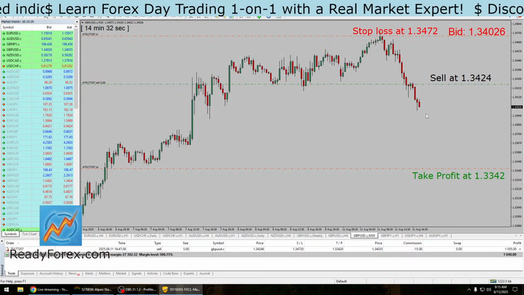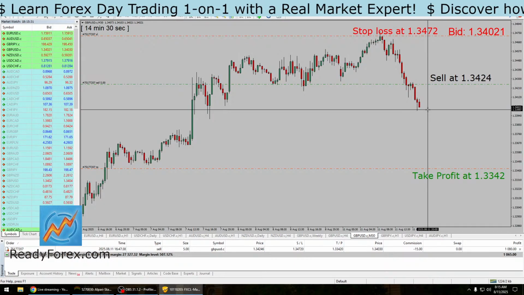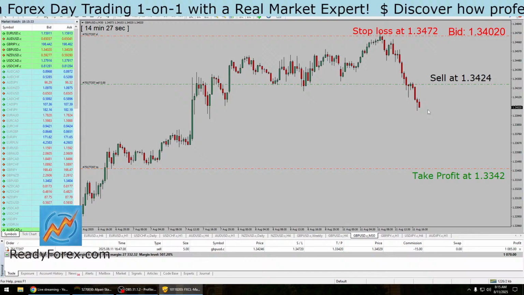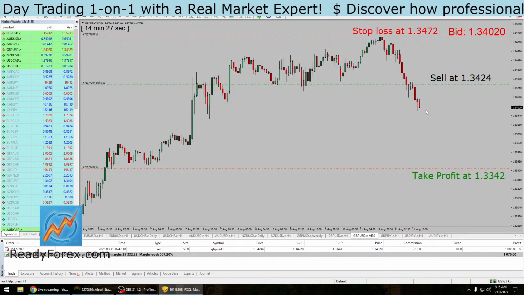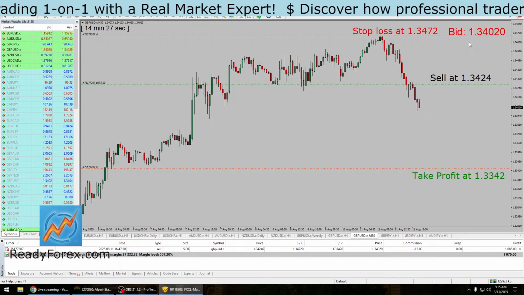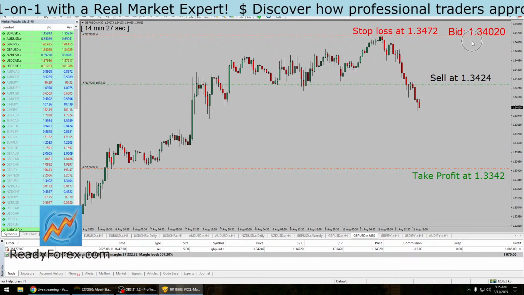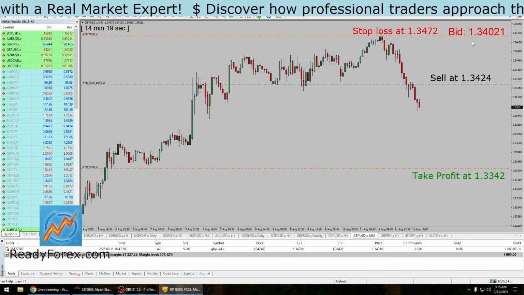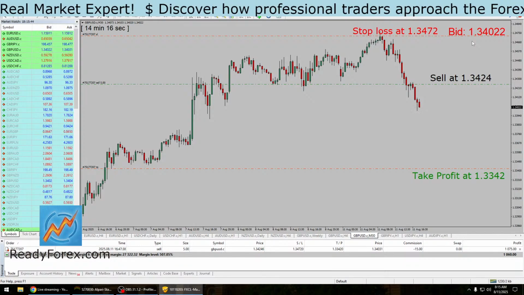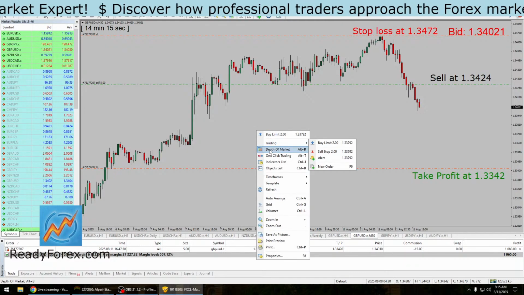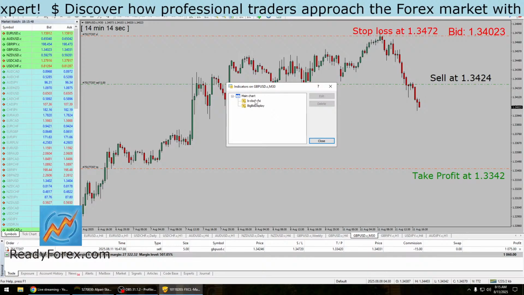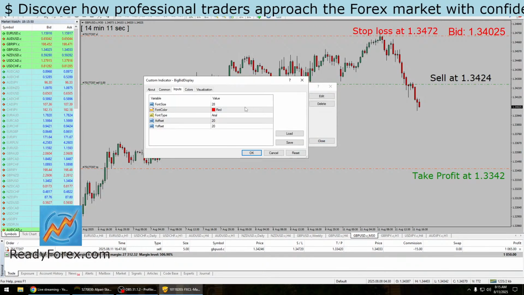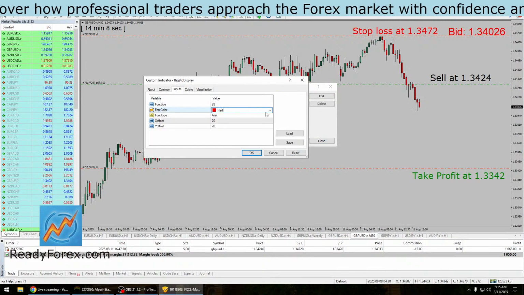Okay, so let's see if it manages to break below the round number 1.3400 level. The current price is right up there at 1.3402. So I want the price action, let me change the color of this bid price to something different.